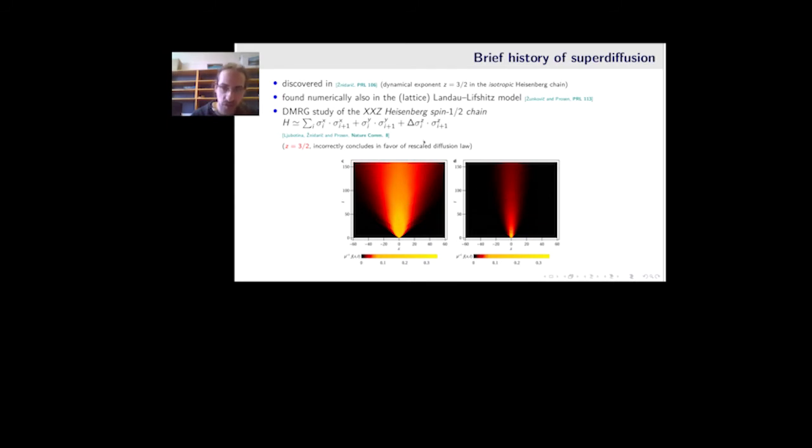Whereas on the left picture, which is for delta 1, so for the isotropic case, you see that it's far more broad. And you see that it's not a full light cone, so it's not linear, but it's faster than diffusion. And actually, if you fit the characteristic, you will find that it grows as t to the 2/3, which would translate to this exponent z equal 3/2.